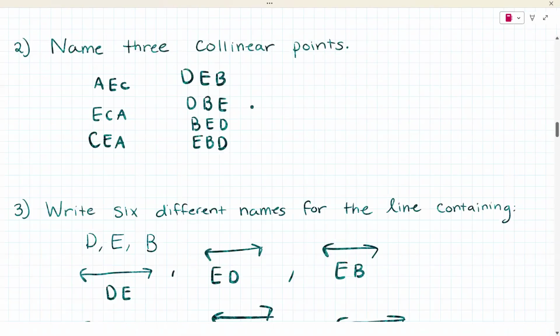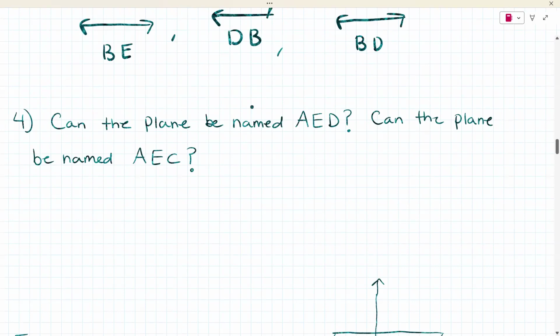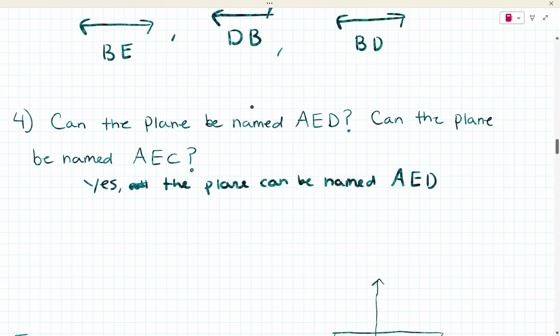So the first part says, can the plane be named AED? Yes, because there are 3 points and they're non-collinear. What about can the plane be called AEC?